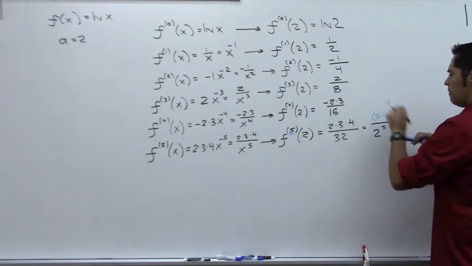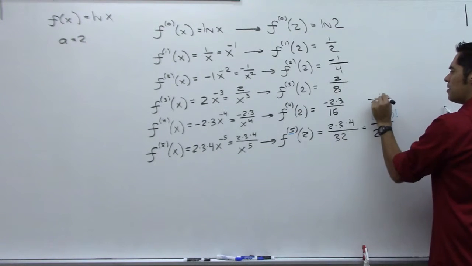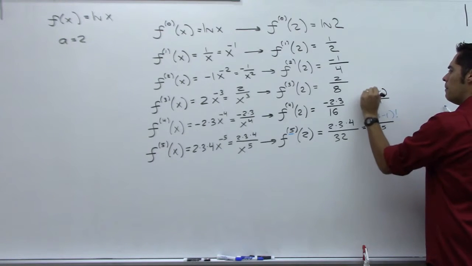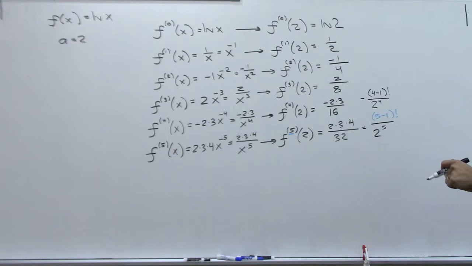We would have on the bottom 2 to the 4th, because this is a 4. And then this up here should be 4 minus 1 factorial. Now the negative, I'll deal with that when I start to write this thing out. So what would the next one be?